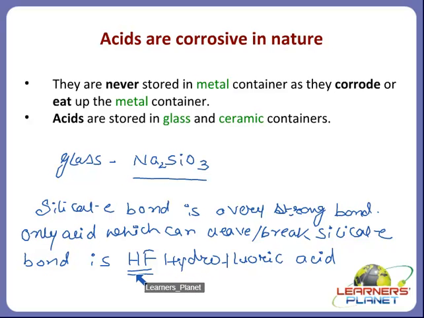Got my point? Now the question is, where is this hydrogen fluoride stored? We know that this is a strong acid. We can't store it in a metal container. We can't store it in glass also, because it breaks up the silicate bond. So where should it be stored? Now students, it is stored in a glass container only, but there is a wax lining on the glass container, right?